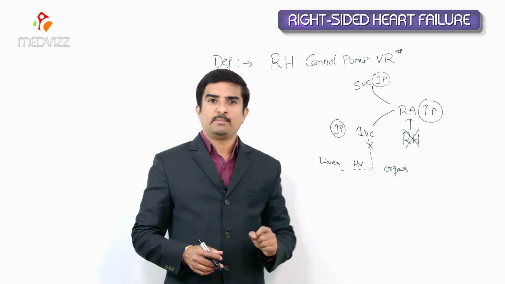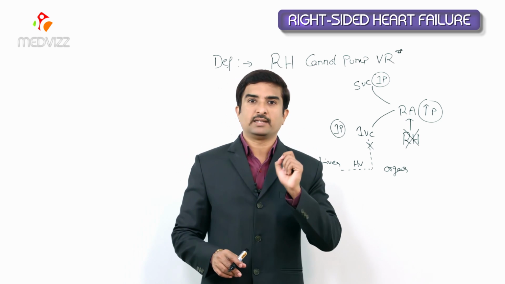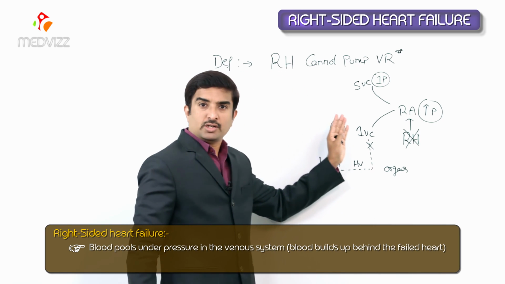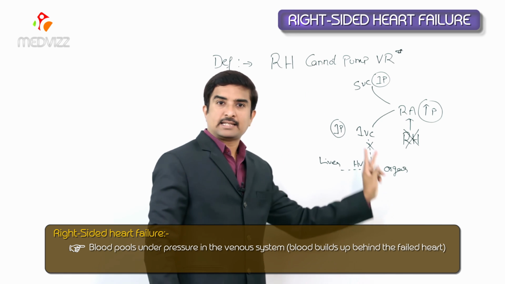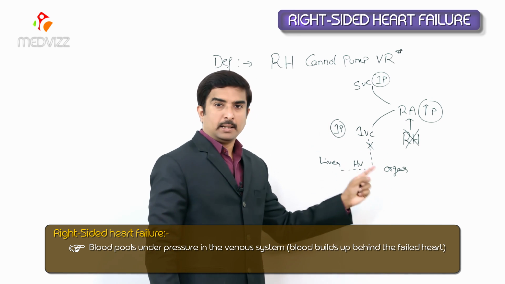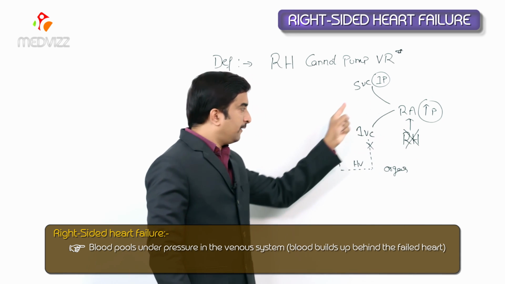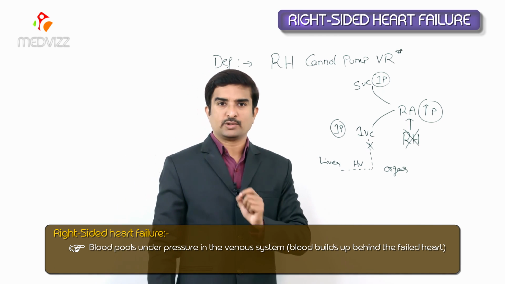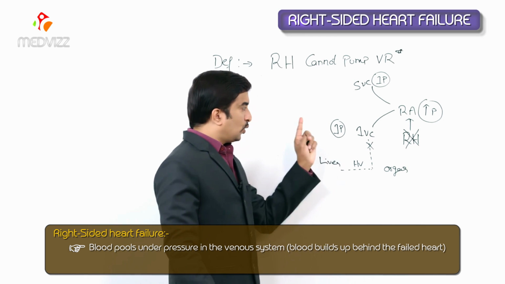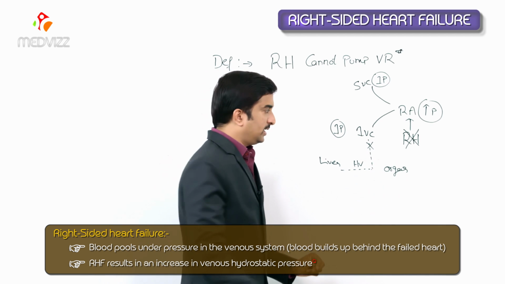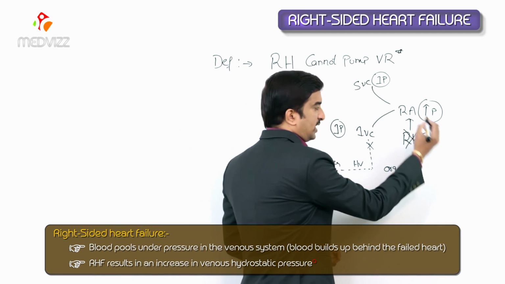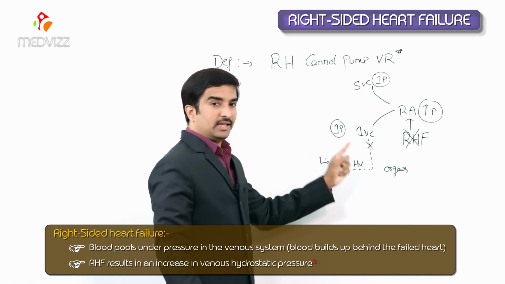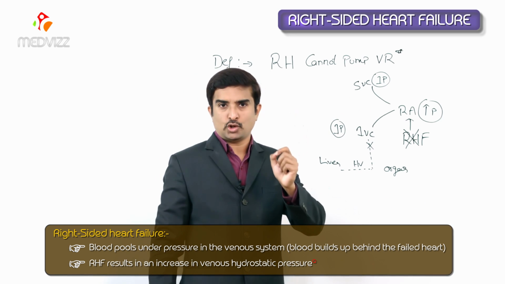So, whenever we talk about right heart failure, you need to remember that the blood pools under pressure in the venous system, that is, blood builds up behind the failed heart. This is what right heart failure is. So, at last, what you need to remember is that right heart failure, that is right ventricular failure, results in an increase in the venous hydrostatic pressure.